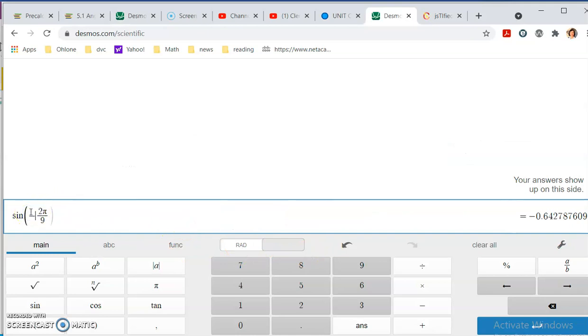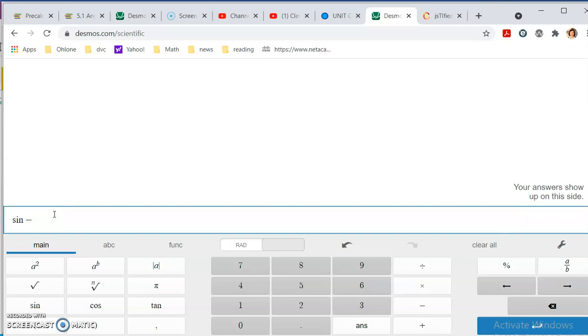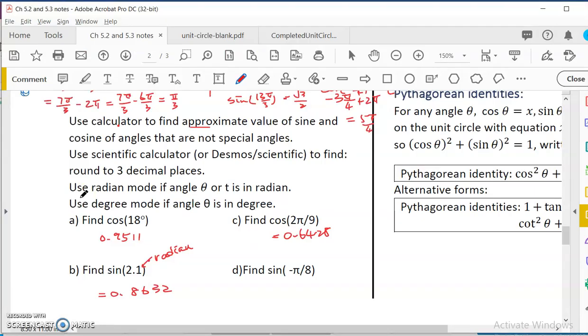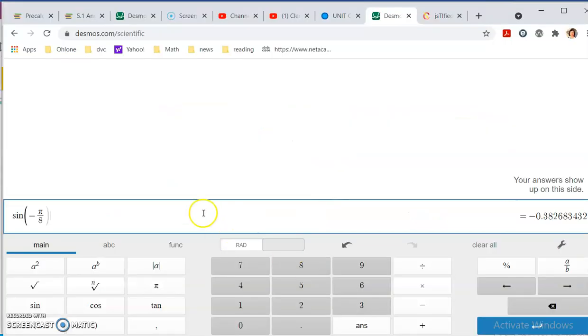So negative pi over 8 gives negative 0.3827.